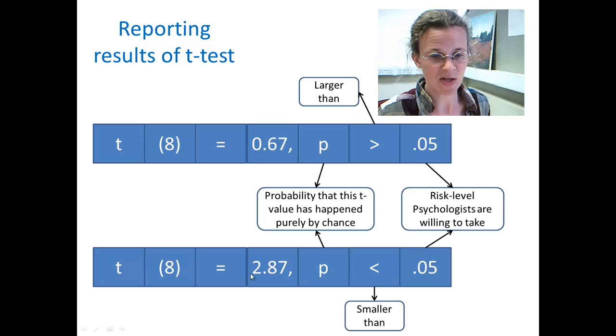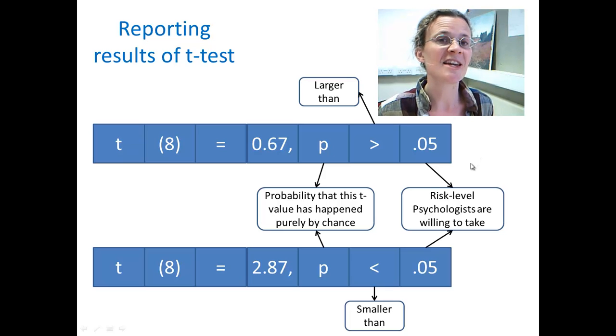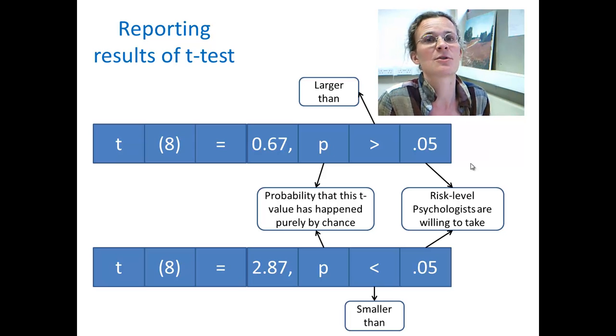So in the second case we have a significant effect, and in the top case we have a non-significant effect. Also bear in mind, it's not insignificant, but non-significant. Insignificant means that it's meaningless, which it is not. A non-significant effect is not meaningless. It just means that you haven't shown a difference between your two conditions.